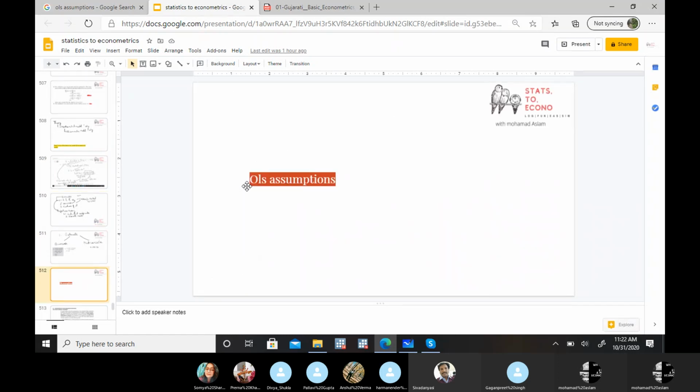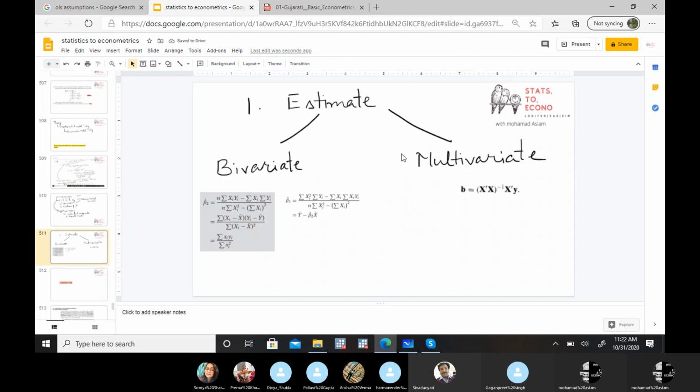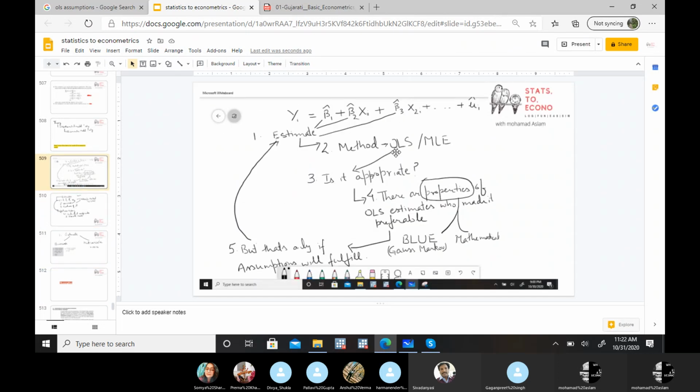Okay, so let's start with the OLS assumptions. Now, first, what these assumptions are and what they are about. We are trying to estimate the parameters of this regression model, the econometric model, so these assumptions are related to this econometric model.